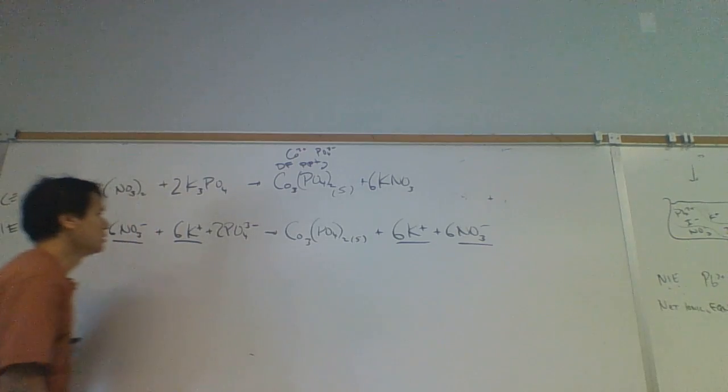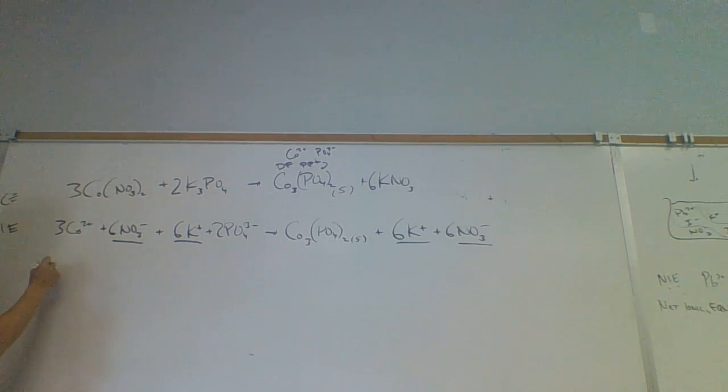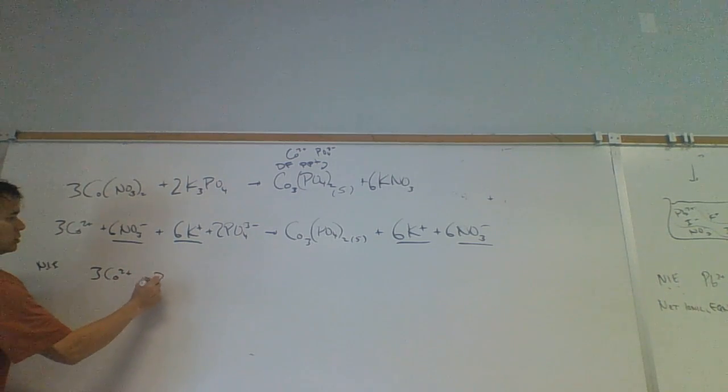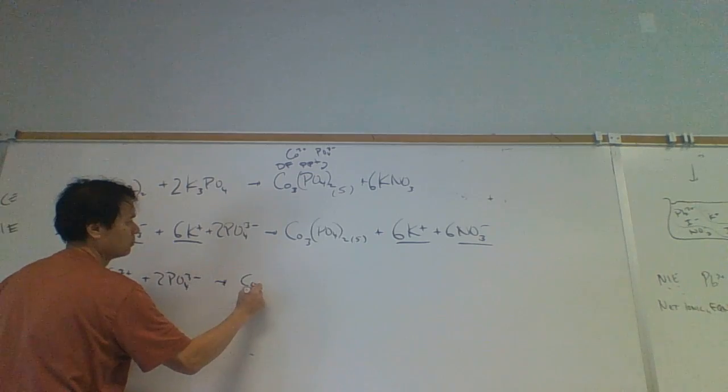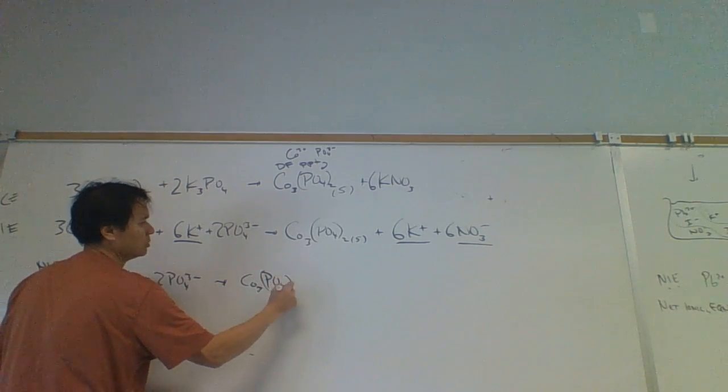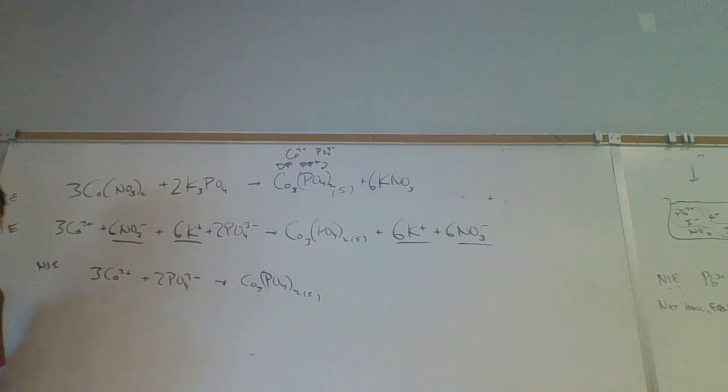So the favorable ion combination here is just the 3 cobalt 2s plus 2 phosphate ions yields Co3(PO4)2 solid. So that's a metathesis reaction, which is the favorable ion combination. Okay, I guess we'll stop here and then we'll continue next time.